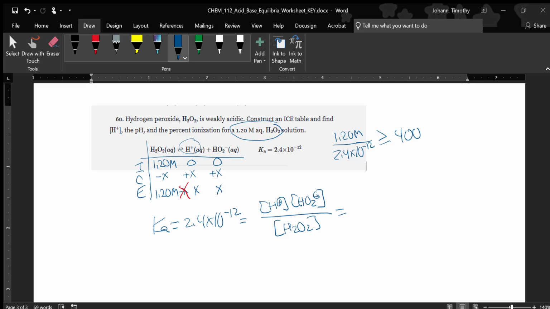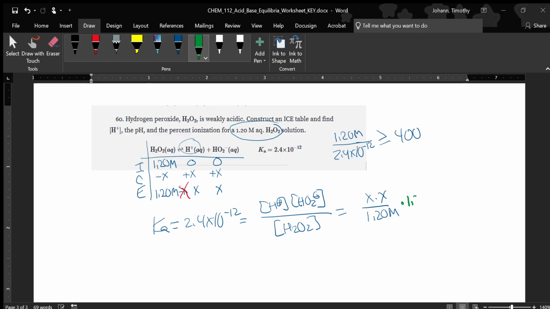And what that's going to be equal to then is we have x and x right on top, x times x, and on the bottom we got rid of our x, so now it's easier to calculate, and that's 1.20 molar. So I'm going to bring it down and get rid of the stuff in the middle.